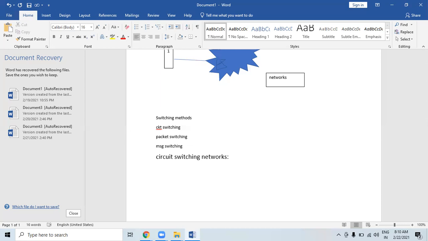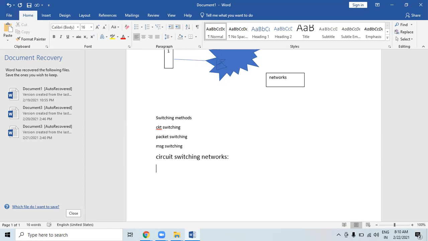Additional address information about the destination machine is not required. A dedicated path is maintained for the entire duration of the conversation, as in telephone systems.